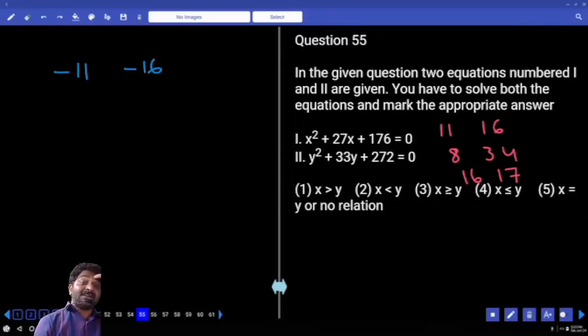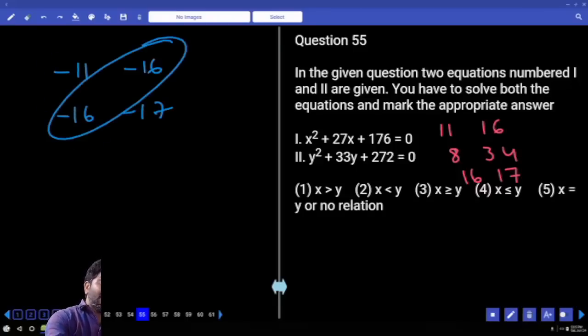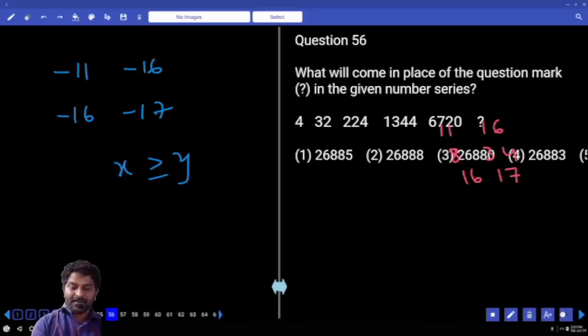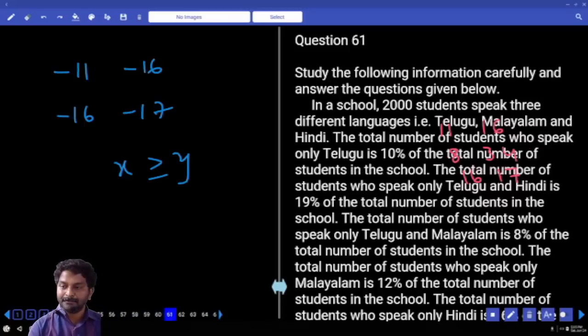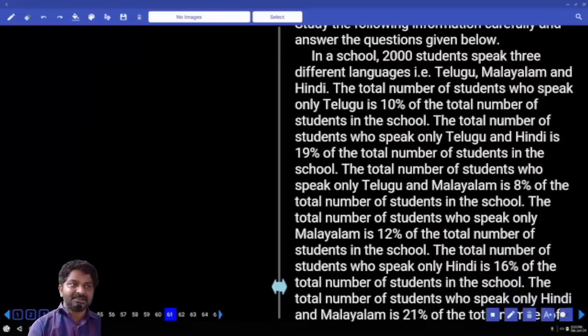Combination is 16, 17, plus 16 plus 17. Factors are minus 16, minus 17. X is greater than or equal to y. Correct? Probably I'll stop here. I'll tell you this and then stop.